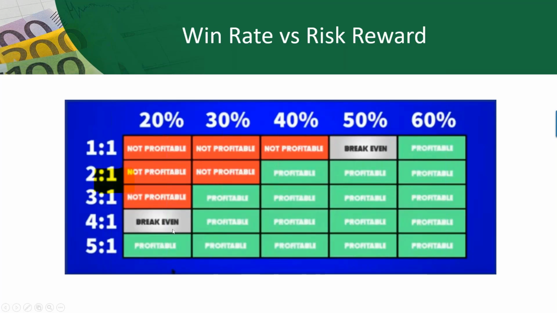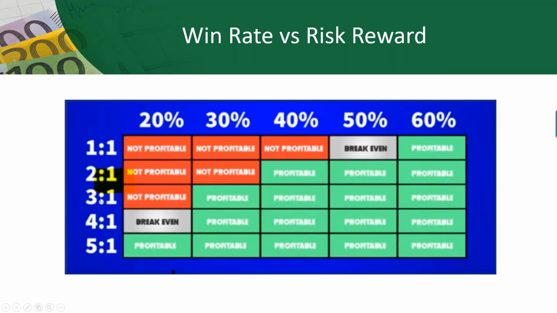So if you are a one-to-one trader, you need to be right 60% of the time. If you're a 2-to-1 risk reward trader, you only need to be right 40% of the time to be profitable. If you're a 3-to-1 risk reward trader, you only need to be right 30% of the time to be profitable.